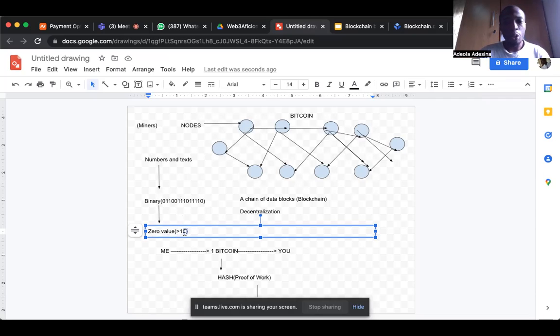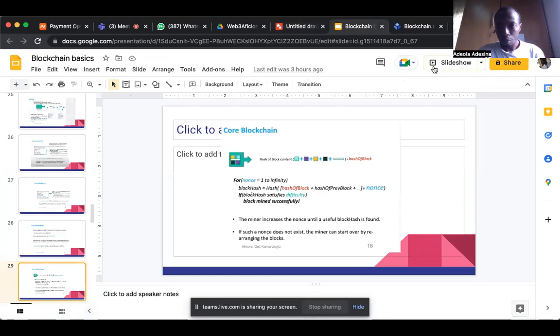But if the binary value is not up to 10, keep rehashing and rehashing till you find a binary value that is greater than 10, then you can commit it to the chain. That's exactly what Bitcoin miners are doing in the Bitcoin blockchain.